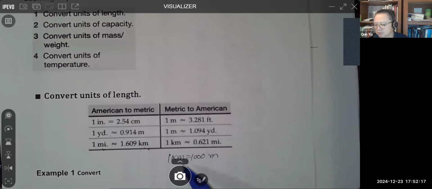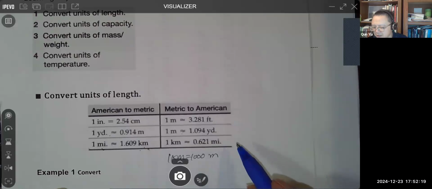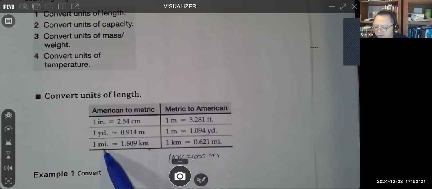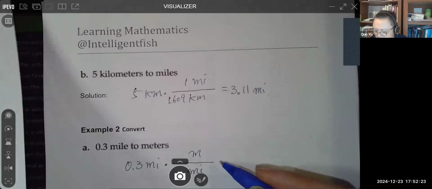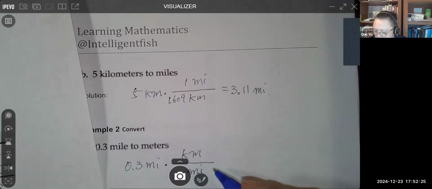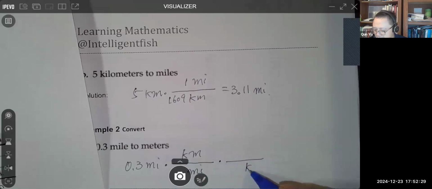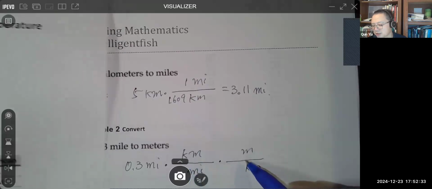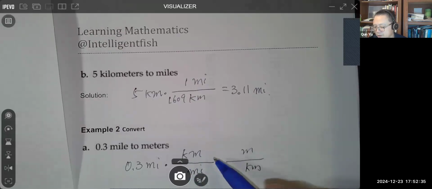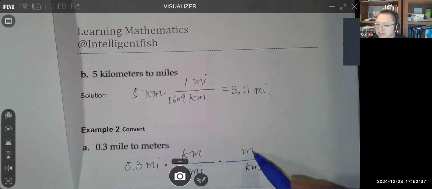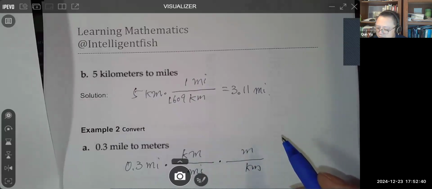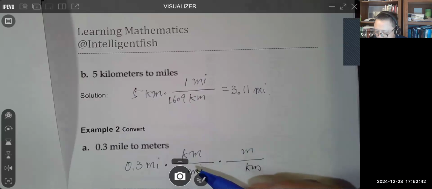We just move 3 places to the right to get meters. So let's go from mile to kilometer first. Then after that, we cancel kilometer to get meter. Or you can move the decimal point, because the step between kilometer and meter is within the metric system. Up to you.